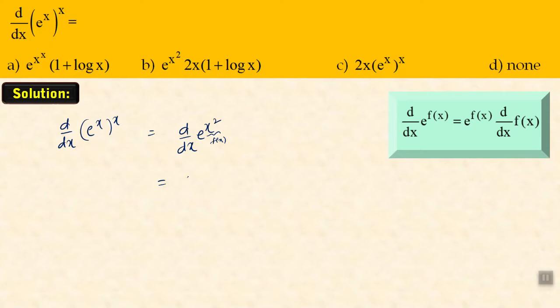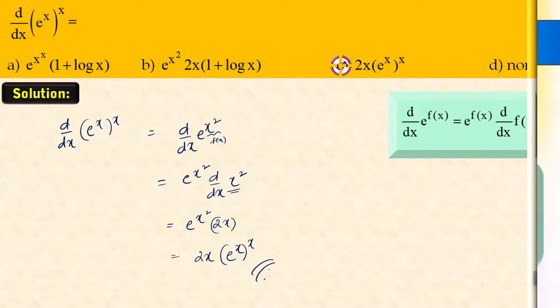So here e power x square into d by dx of x square is equals to e power x square into 2x. This equals to 2x into e power x square, which can be written as (e power x) whole power x. Therefore, the answer is option C.